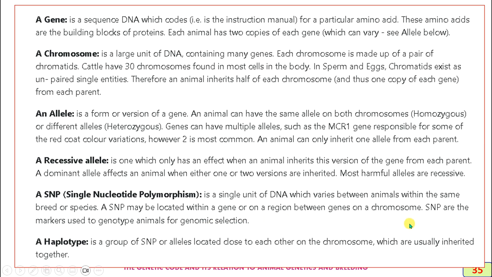So SNPs are markers used to genotype the animal and for genomic selection. A haplotype is a group of single nucleotide polymorphisms located close to each other on the chromosome, which are usually inherited together.